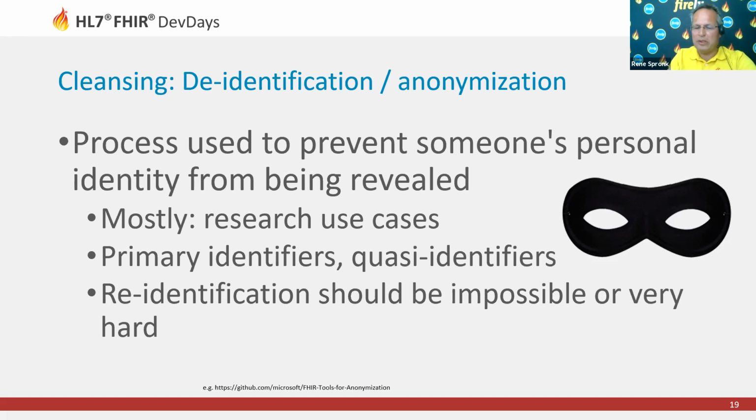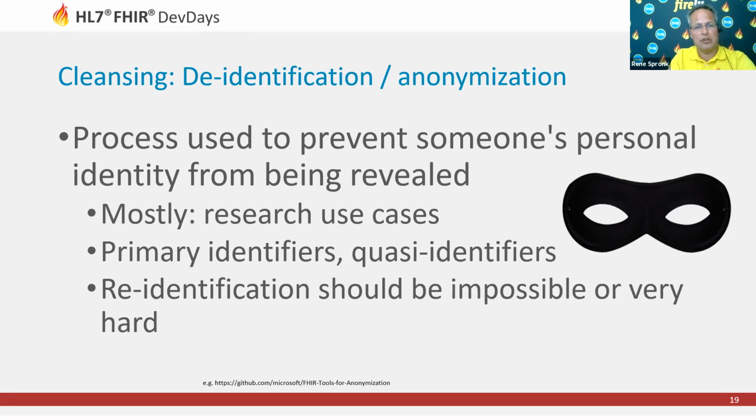So if you know how the data is going to be used, then in that context, you can probably de-identify. But there is no such thing as doing de-identification and anonymization in general without knowing how the data is going to be used. Okay, so definitely not a trivial thing, but it could very much be part, certainly in the research environment, of the cleansing process.